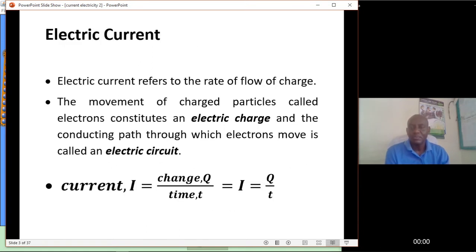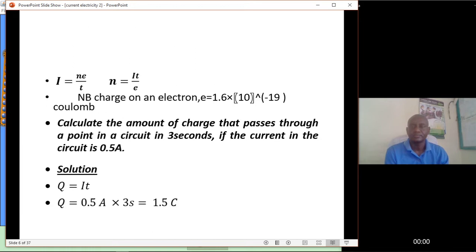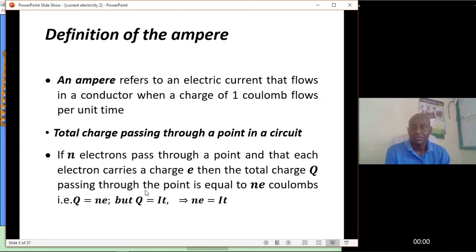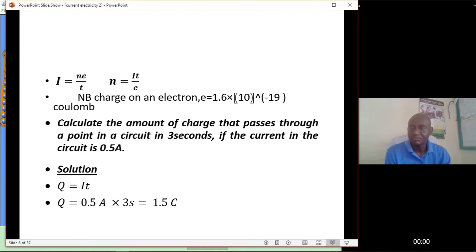If you want to find charge here, it is I times t. That's what we are calling charge passing through a point. So charge passing through a point is current times time. And if you want to find current, it's very simple.